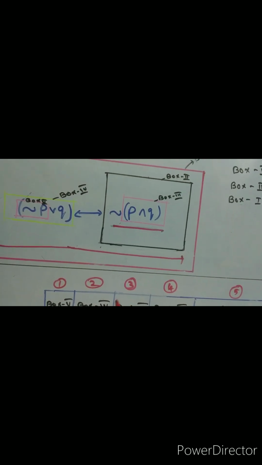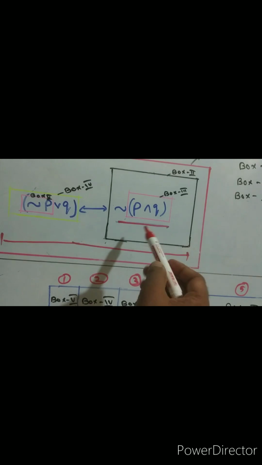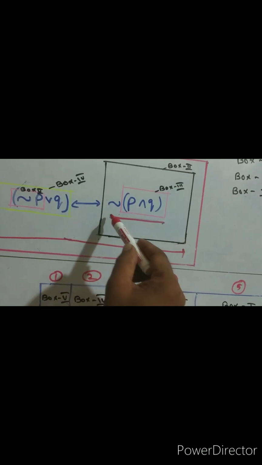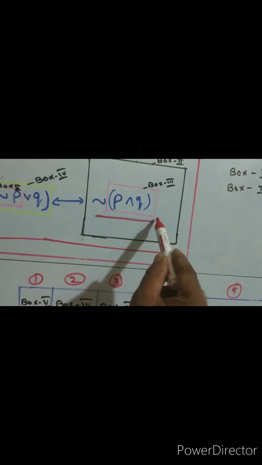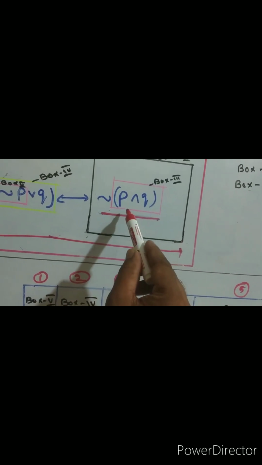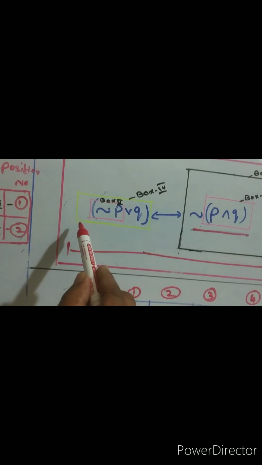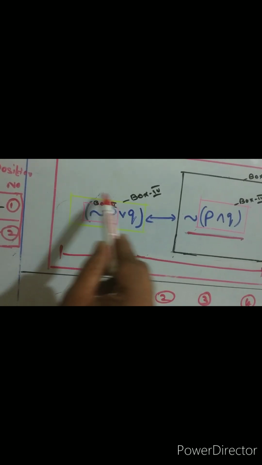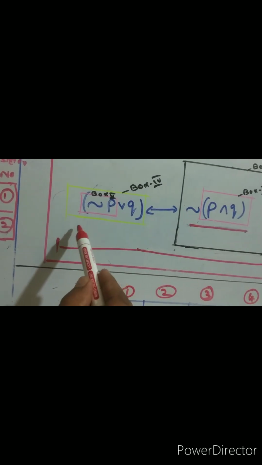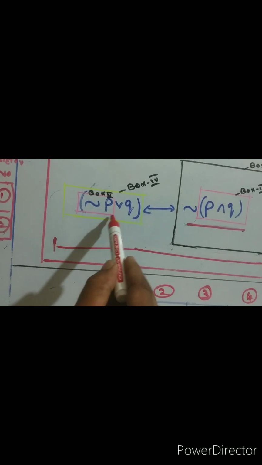Box number 3 is the pink color box, box number 4 is pale green color, and box number 5 is again pink color.